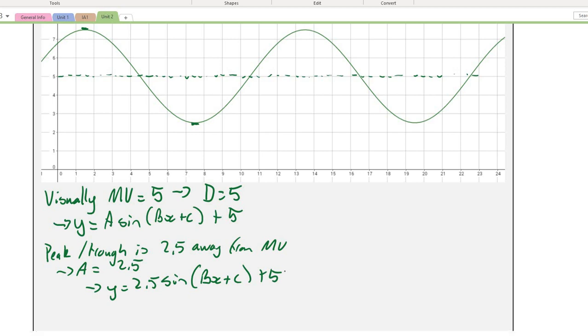Can anyone tell me why you can't find the phase shift yet? You need the B value, because remember our phase shift equals C over B. So to figure out C, you need to know the phase shift and you need to know B. We can look at the phase shift from the graph, but we don't know what B is yet. So we're going to have to find B. What information do we know that we can use to find B?